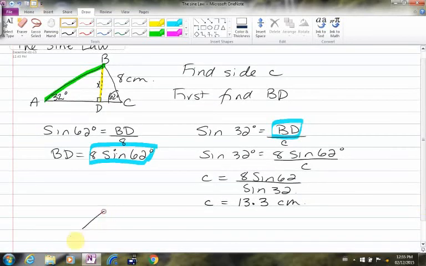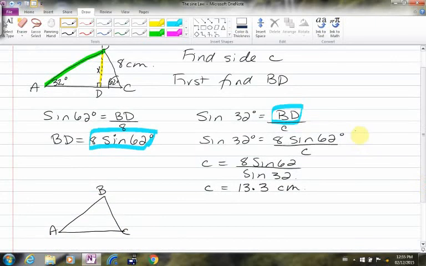So if I had the same triangle, ABC, and I'm going to take this step right here, and I'm going to write it in general terms.